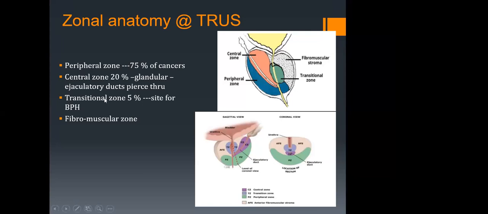And then the transitional zone contributes only 5% of the cancers of the prostate. But again, this transitional zone is the site for benign prostatic hypertrophy.